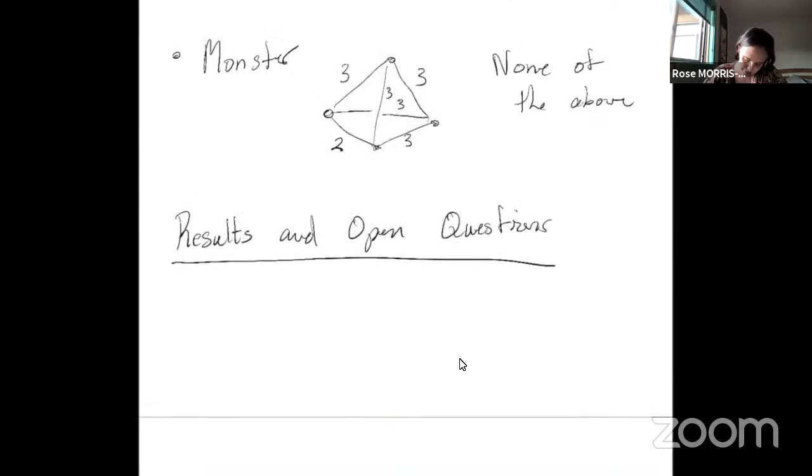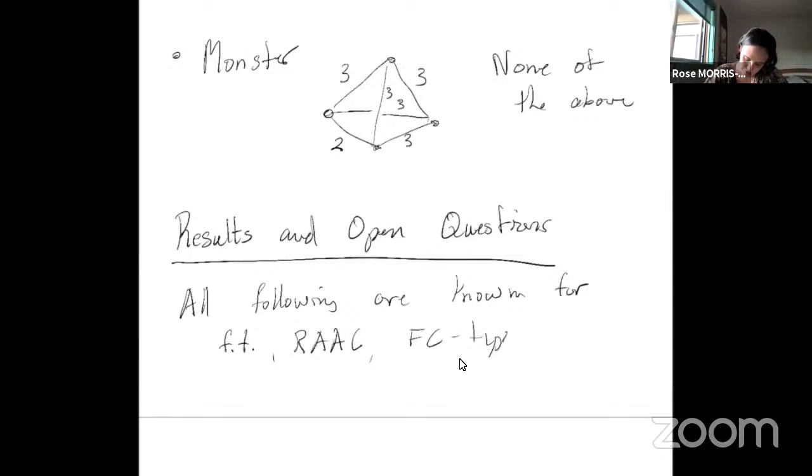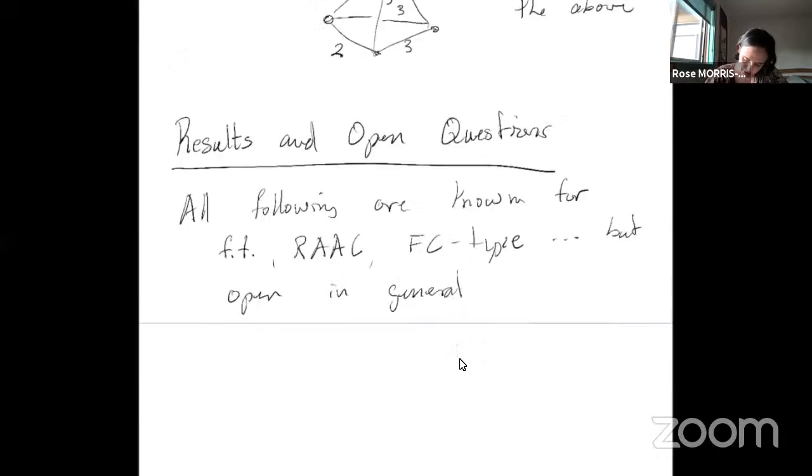So all of the following are known for finite type and right-angled and FC type, etc., but open in general. And we're going to make a little list here.